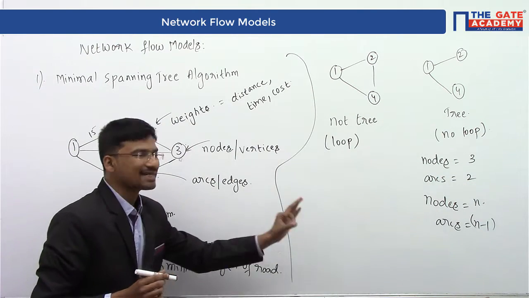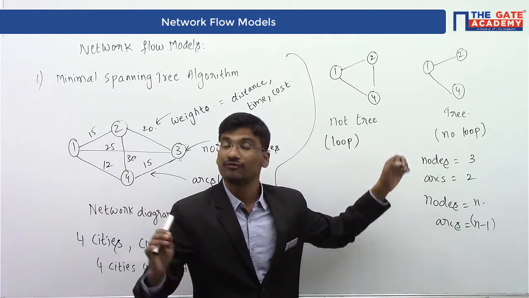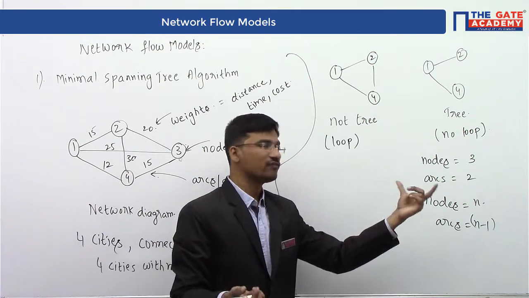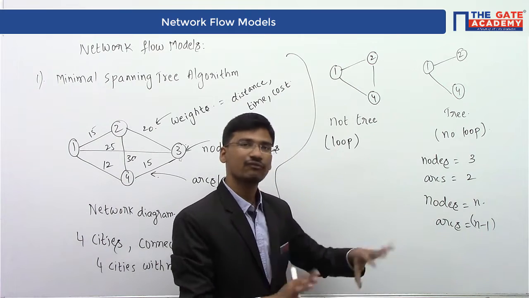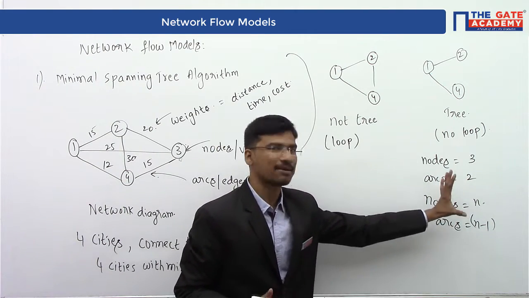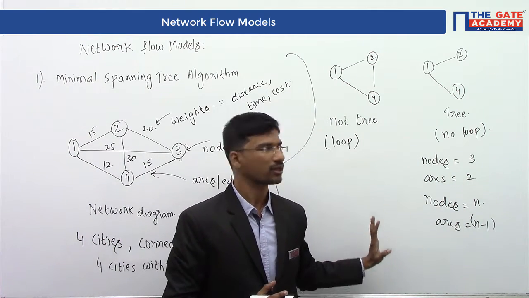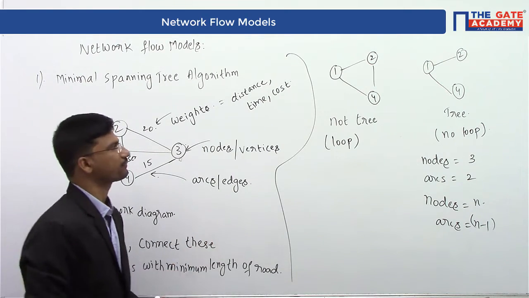This is a condition for a tree. When you take a subset of a given network diagram, if that subset contains n nodes and n minus 1 arcs, then we can call it a tree. This is the general notation, or definition, of a tree. Now we will see what a spanning tree is.